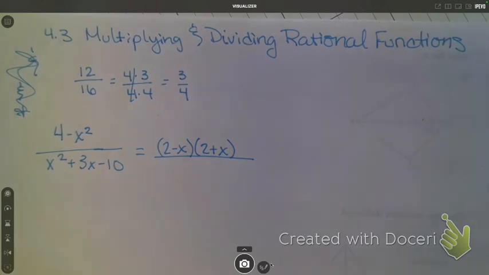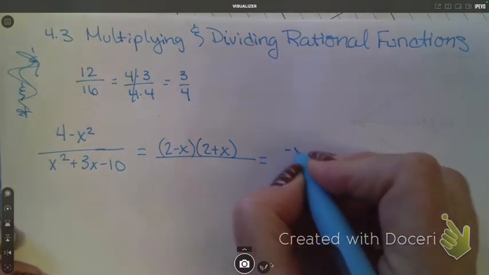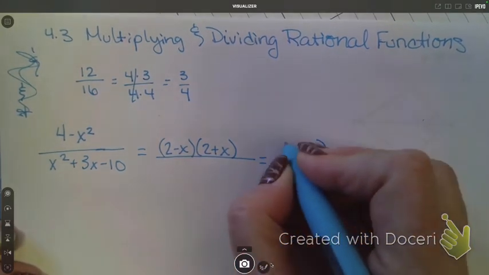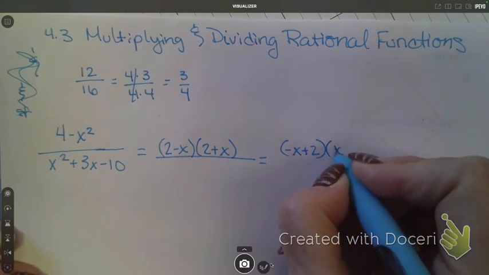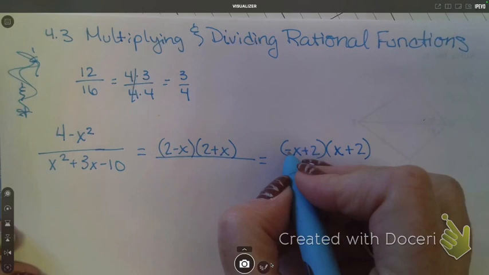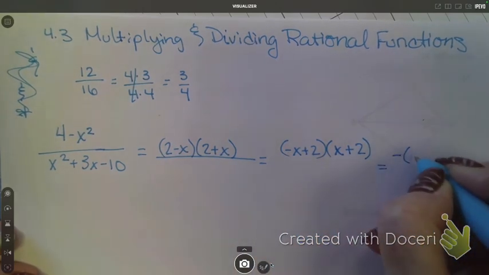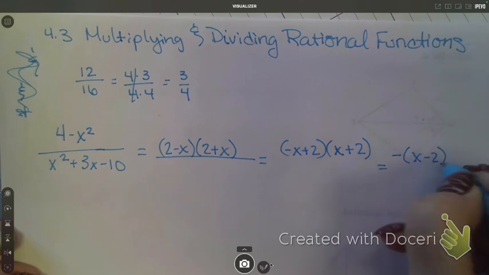Now we could rewrite them as negative x plus 2 and x plus 2, correct? And then if we had a negative x, you'd probably factor out the negative, wouldn't you? So you'd have negative x minus 2 and x plus 2.